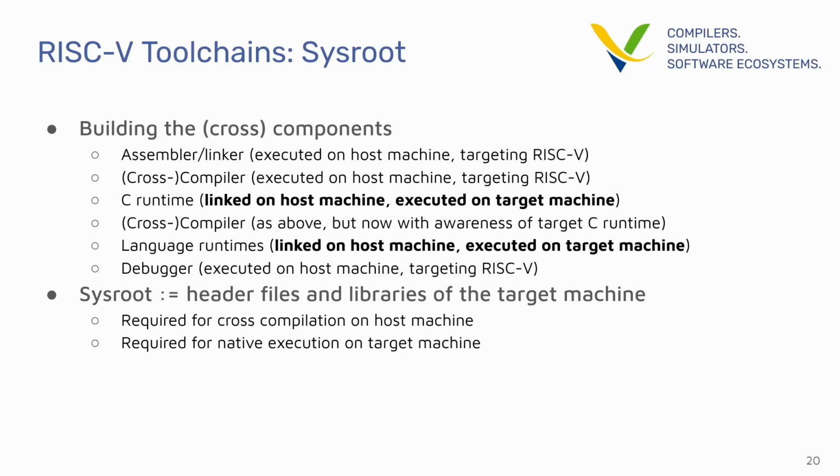So these components are basically shared between the cross compiler on the host machine and the target system. Of course, besides the libraries, also the header files need to be shared. So the sysroot is the collection of header files and library files of the target machine, which are required for cross compilation on the host machine and required for native execution on the target machine.